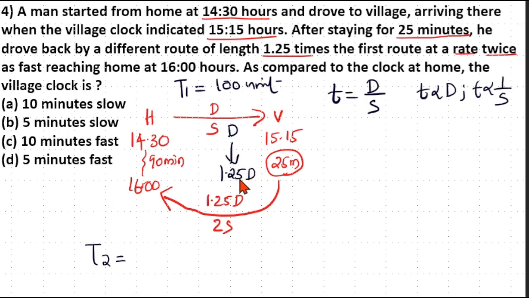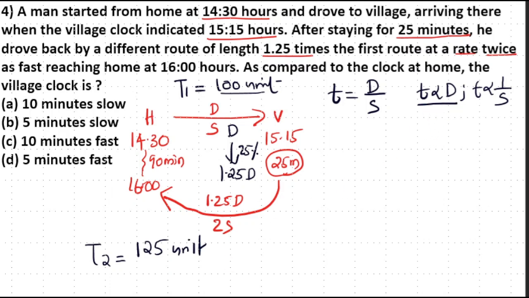That is, there is 0.25 increment, which means 25% increment. If distance increases 25%, time will also increase 25% because time is directly proportional to distance. So, if the initial time is 100 units, the final time will be 100 plus 25, 125 units.